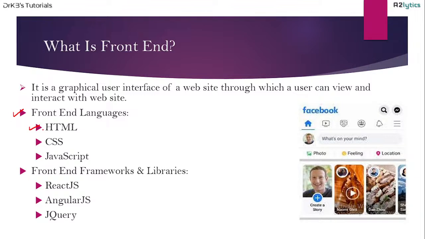You can use HTML scripting language, CSS, and JavaScript. Also, you can use some front-end frameworks or libraries. These are some front-end frameworks: ReactJS, AngularJS, jQuery. By using these, you can develop front-end applications.